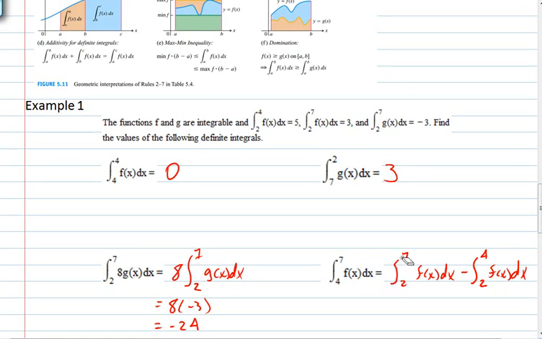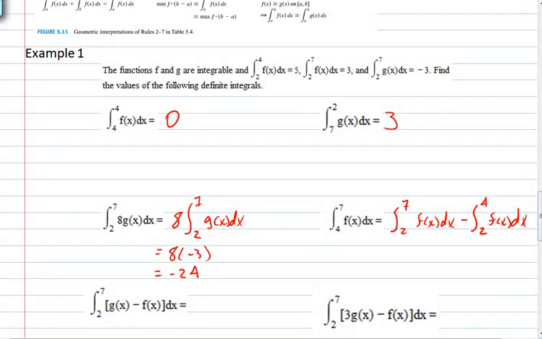Because you go from 2 to 7 and you take away from 2 to 4. Let me draw a picture. Here's 2, 3, 4, 5, 6, 7.